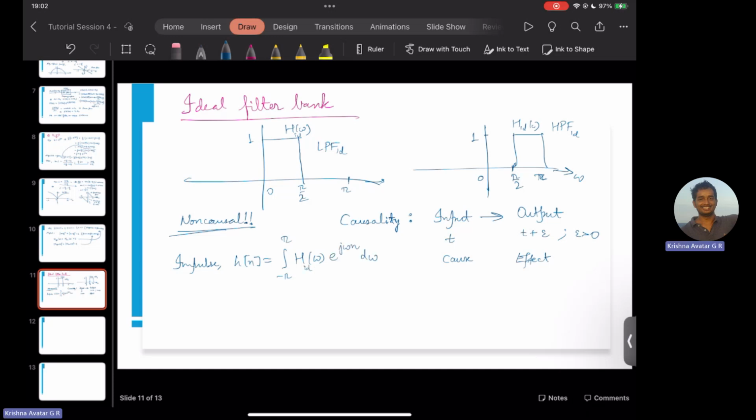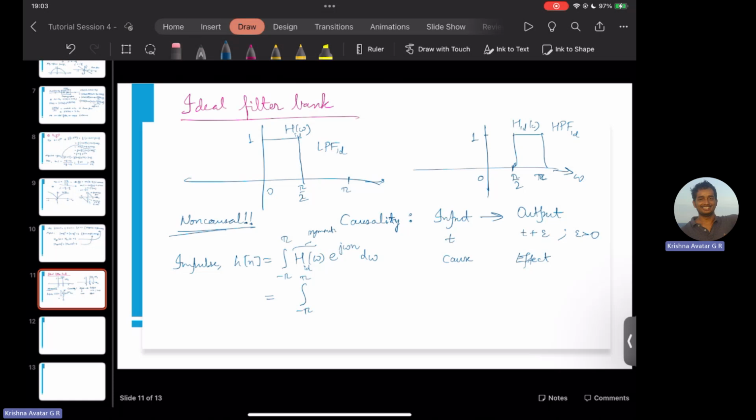So far, so good. Now what we see is that H of omega is always symmetric in nature.